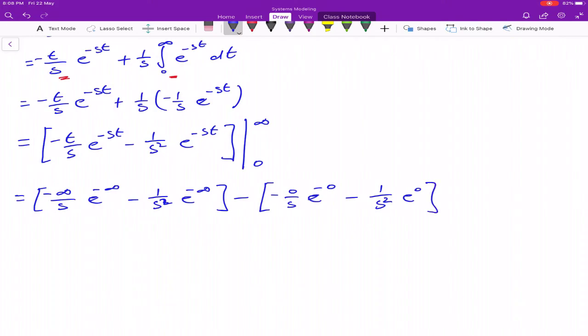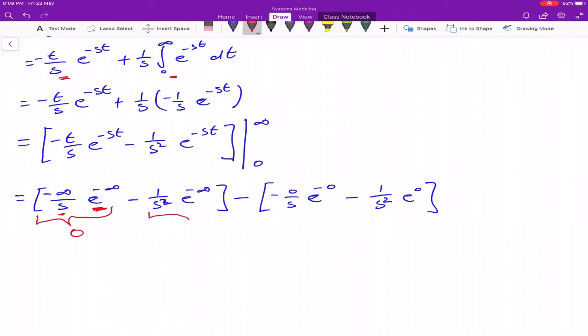Okay, so we can see that anything times e to the minus infinity will drive that to 0. The thing is, if you look at t going to infinity, and e to the minus st, this is going to 0 first before t goes to infinity. Hence, once this is 0, it will drive this one to 0.